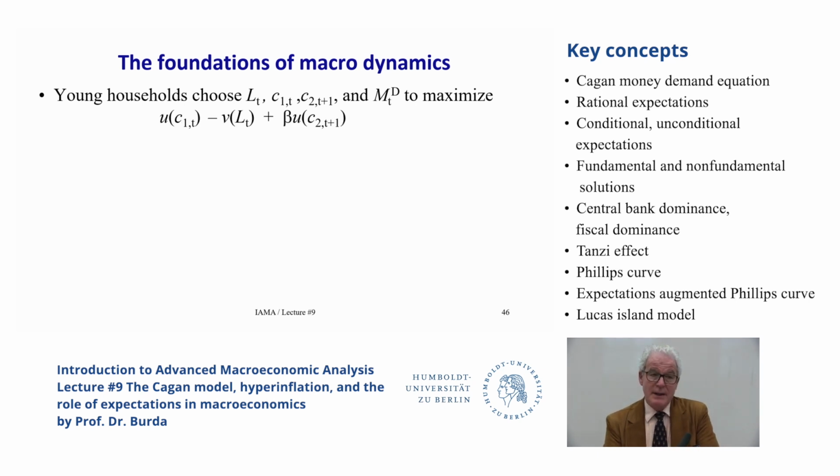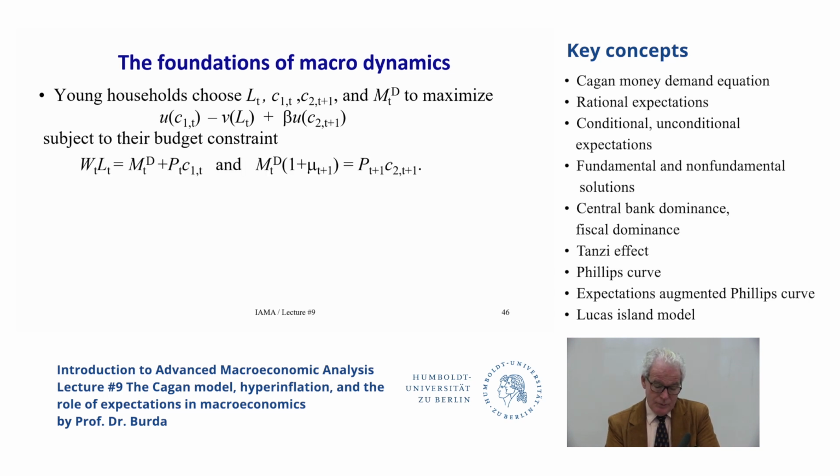The households maximize this utility net of the disutility of work, subject to a budget constraint, which we can write down as two different equations that we can combine into one by eliminating M^D, because money is really only used to facilitate transactions in the second period.